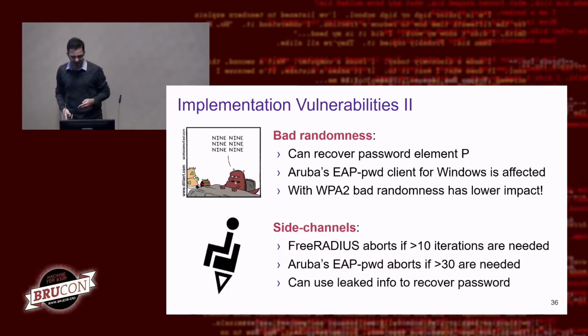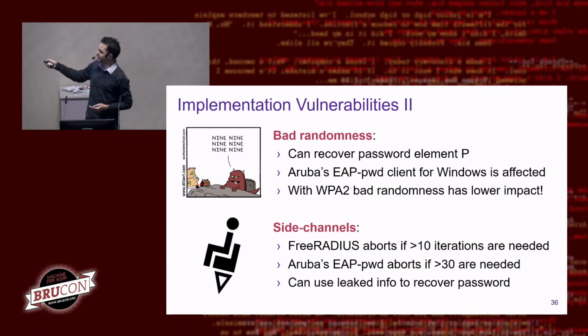And in practice, about 1 in every 2,000 handshakes, or at least connection attempts, indeed need more than 10 iterations. So as an adversary, what I can do now is try to initiate 2,000 connection attempts to the FreeRADIUS server. On average, one of those connections will fail.